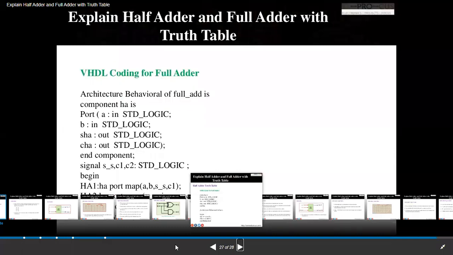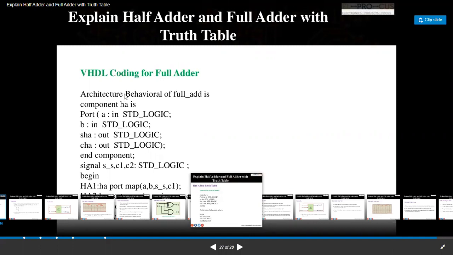The next one is the architecture, how we describe the architecture of this full adder. For describing the architecture of the full adder, the component of this half adder is used. The architecture is defined as behavioral of full adder.